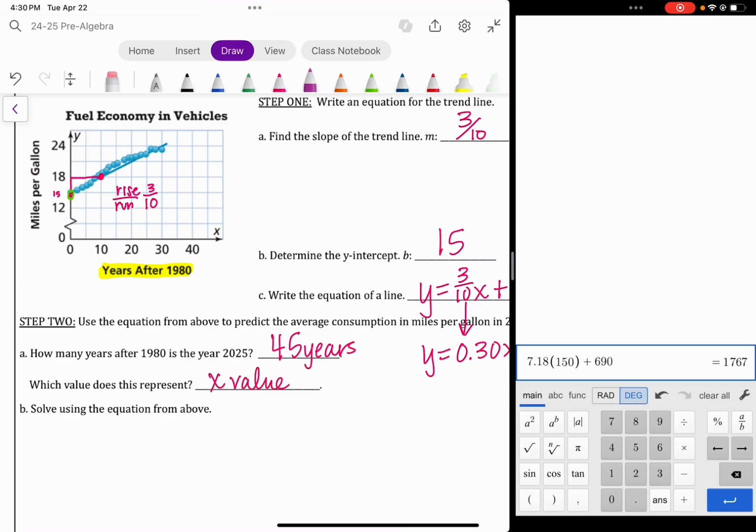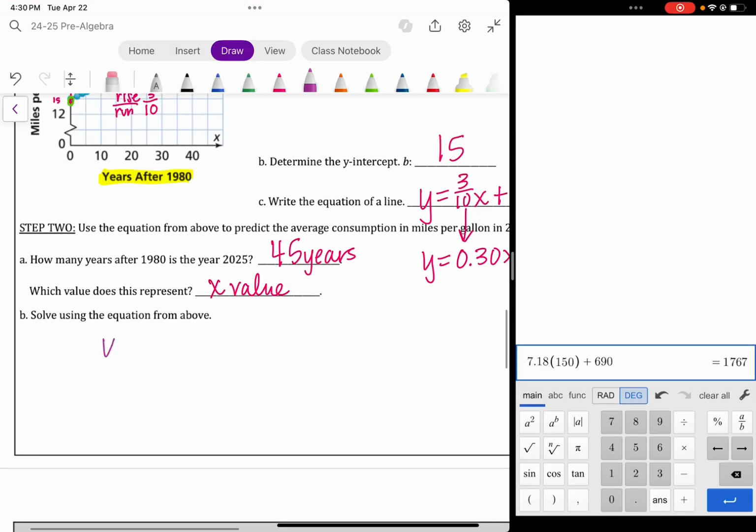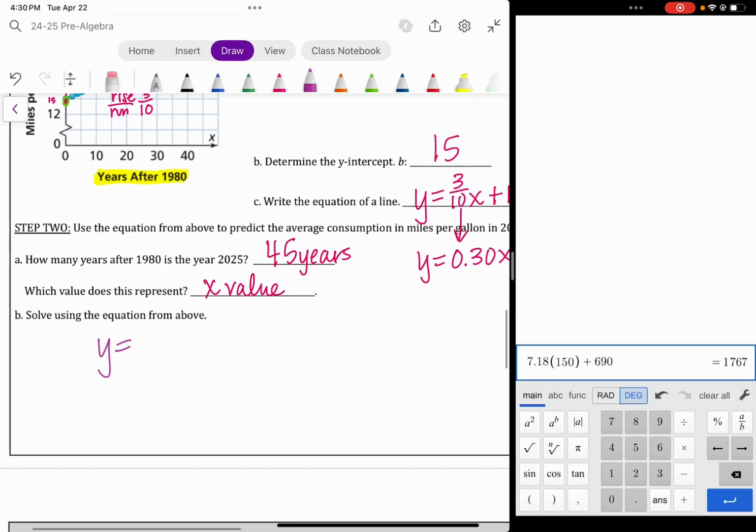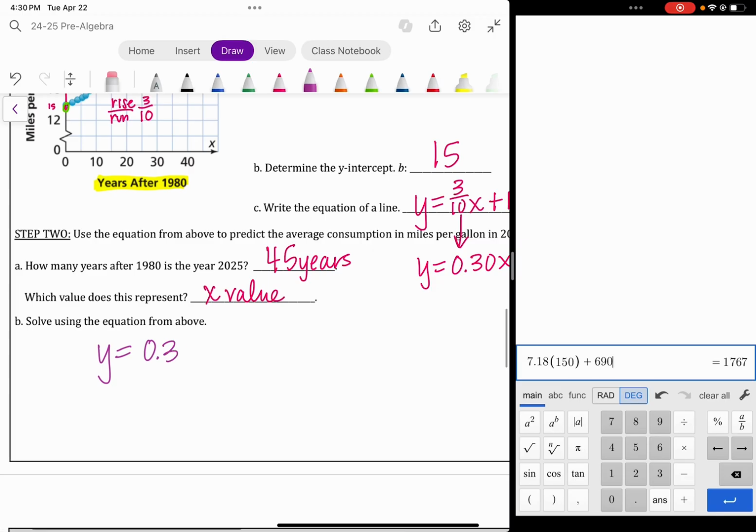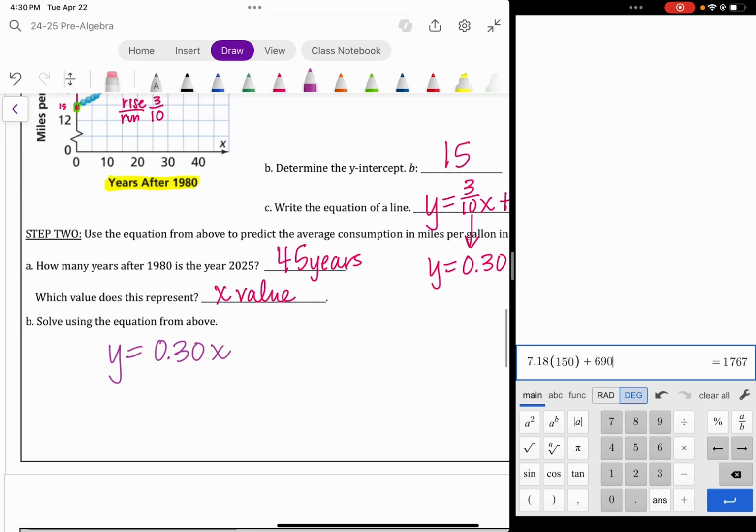And when we use that equation, y equals 0.30x plus 15, now we're going to take that 45 and plug it in for x. 0.30 times 45 plus 15.